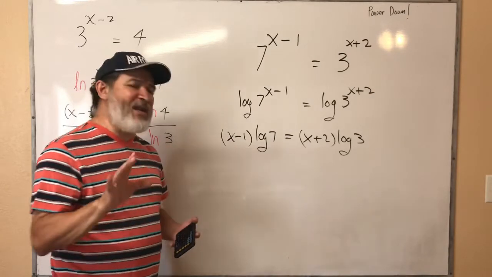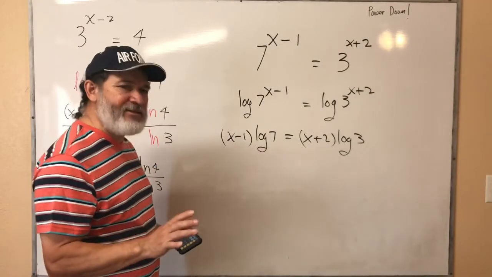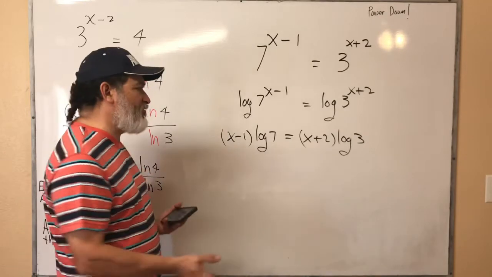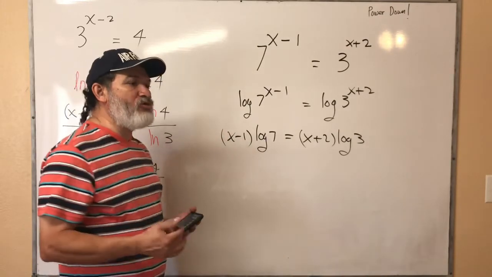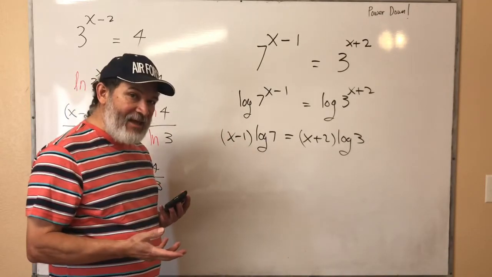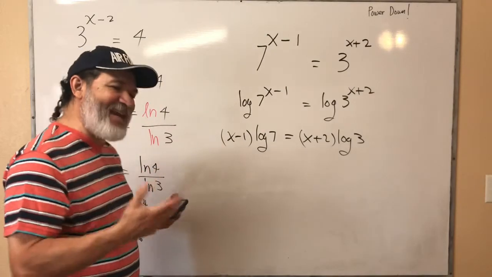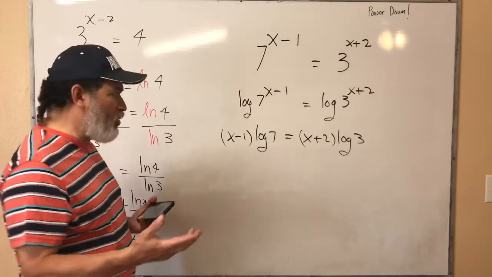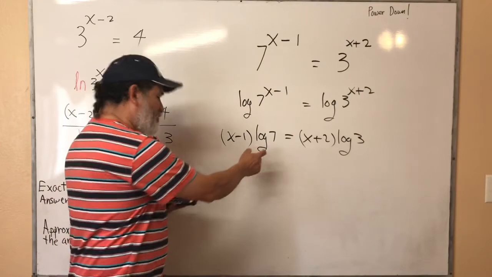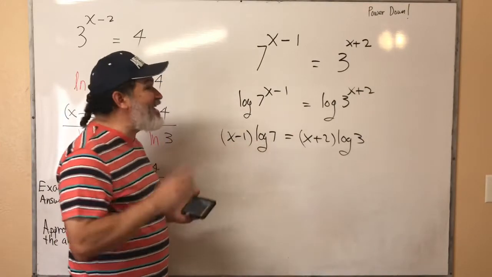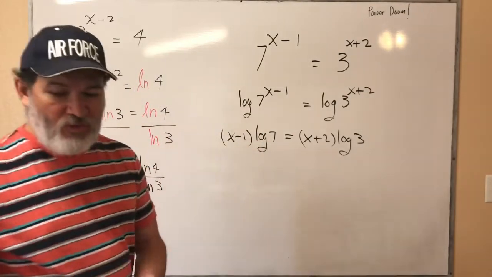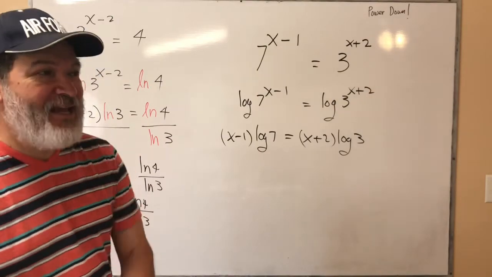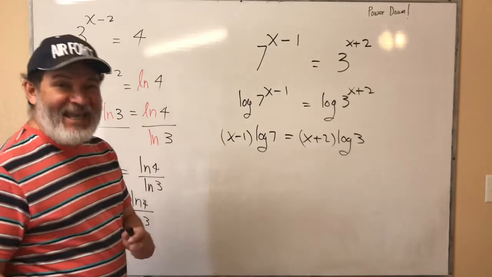But you don't write it yet. Not until the end, because if you write it now, you're losing exactness. What if we want the exact answer? So do not write 0.85 there now. Get the approximation at the end.